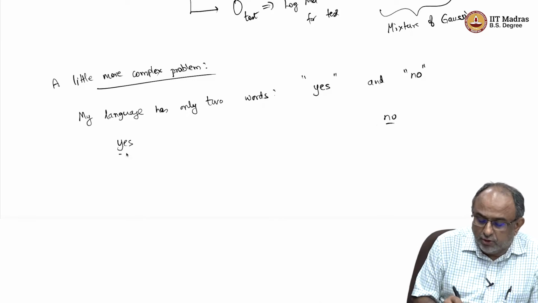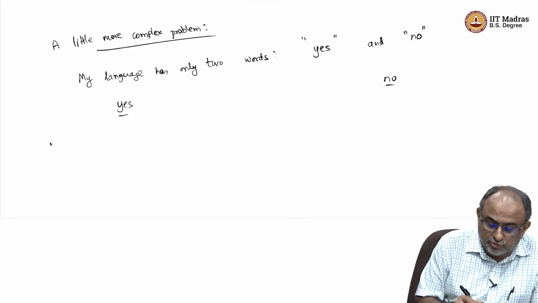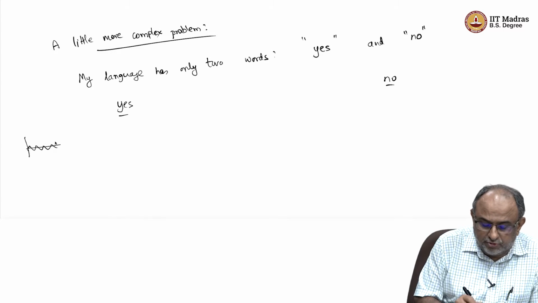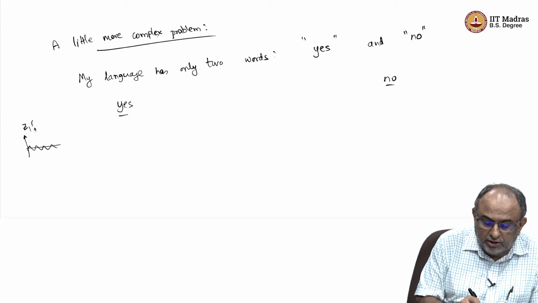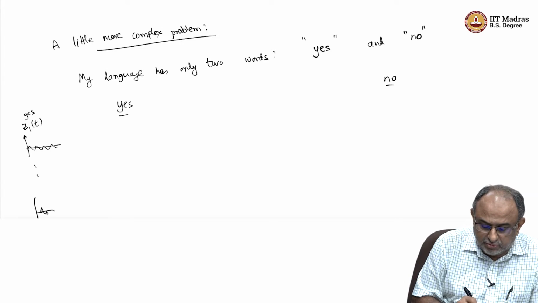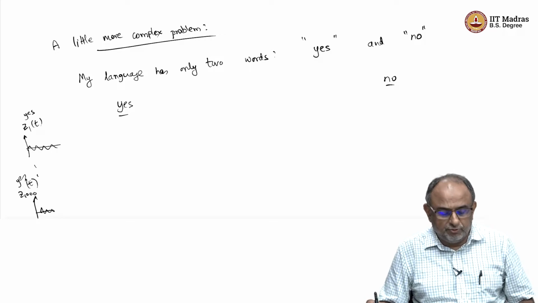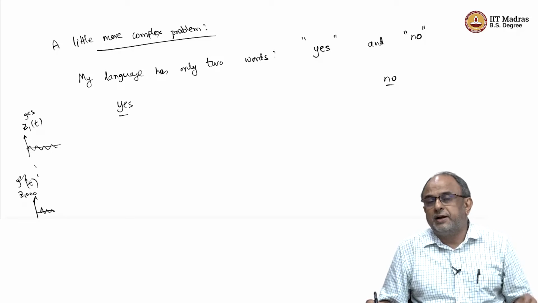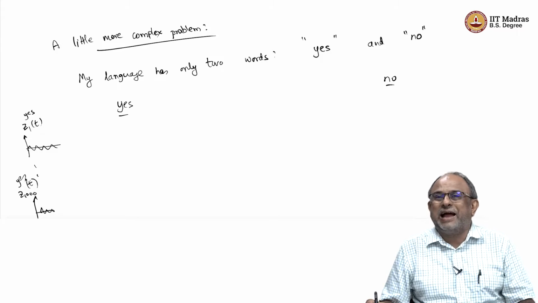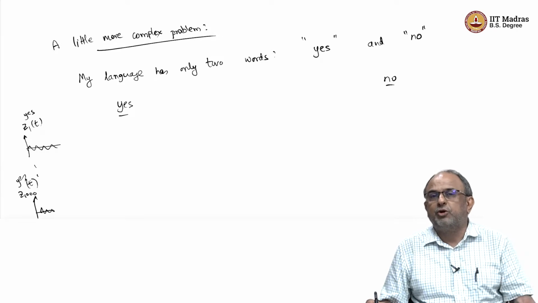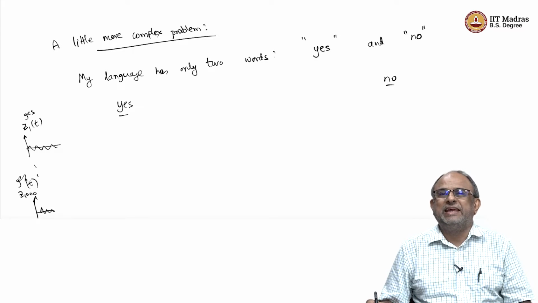So now I will ask thousands of people to say it, so this is Z1(t) for yes, and like that Z1000(t) for no, yes, another guy, 1000 speakers from whom I record yes. But now remember, before I had only one sound, like 'e'.